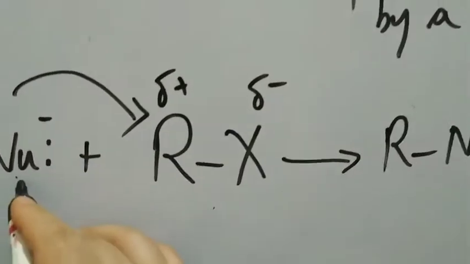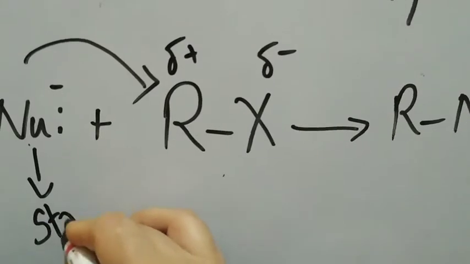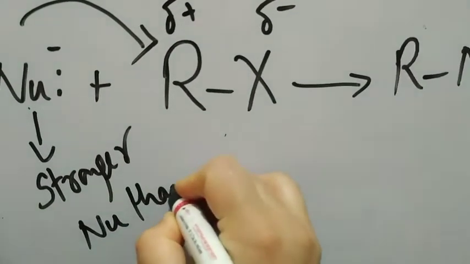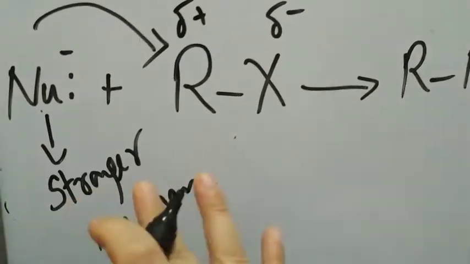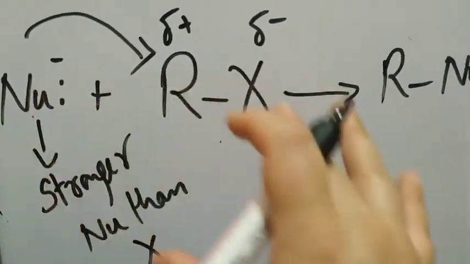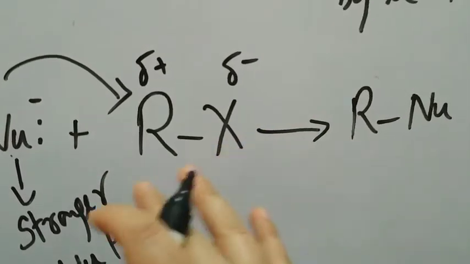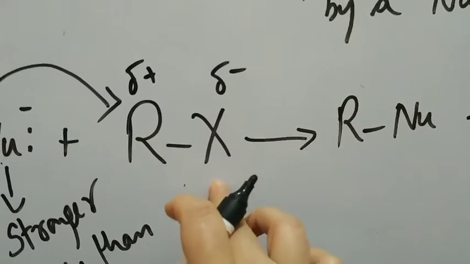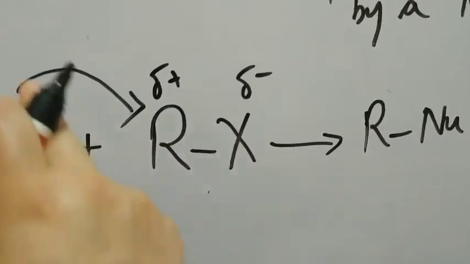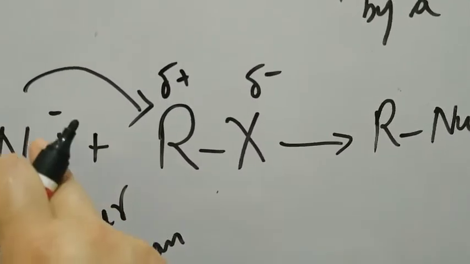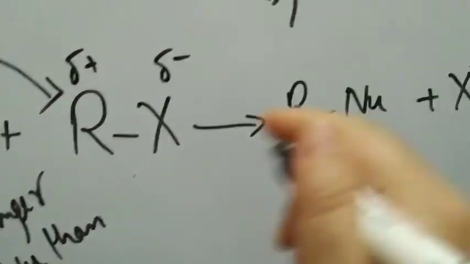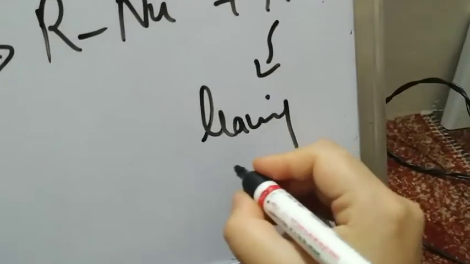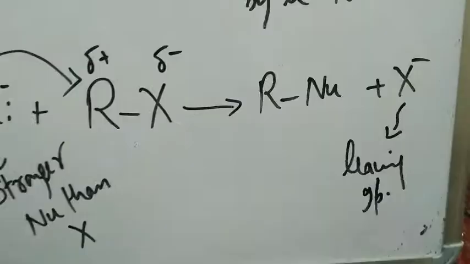But this incoming nucleophile will always have to be a stronger nucleophile than X. It is the simple principle of the universe, survival of the fittest. X cannot be replaced by just any nucleophile. It will be replaced only by a stronger nucleophile, one which is stronger than X. And this X which leaves from the compound is known as the leaving group.